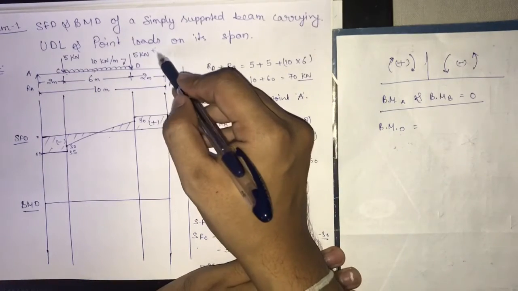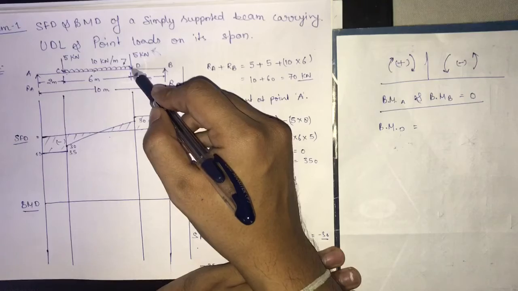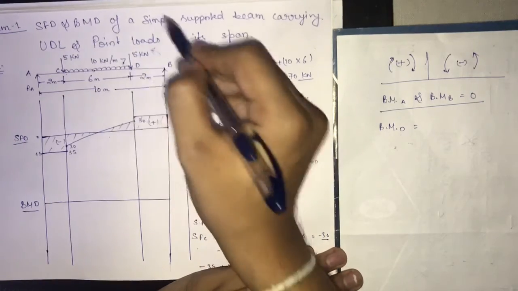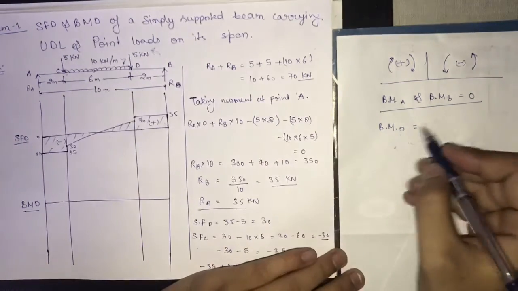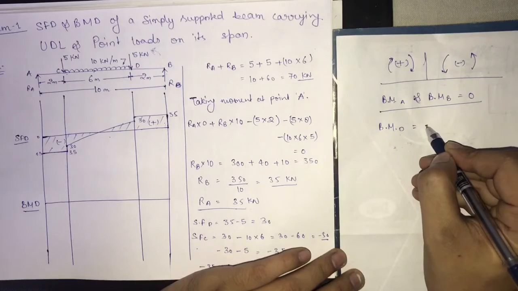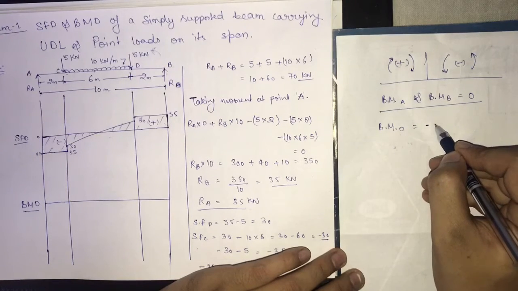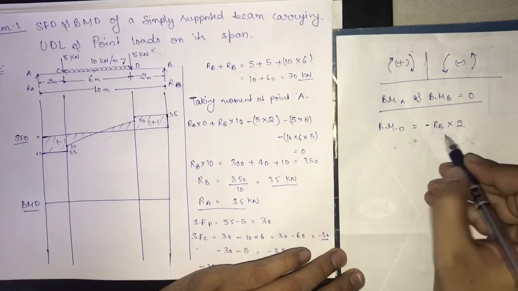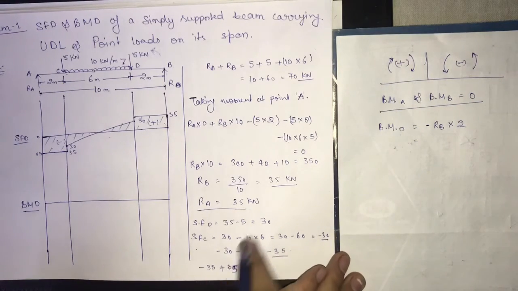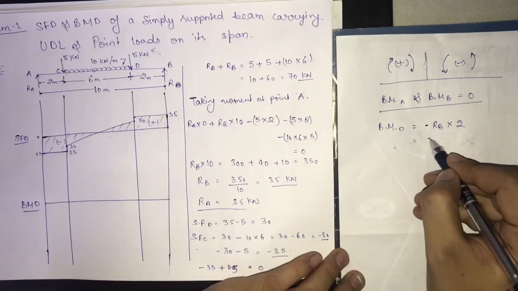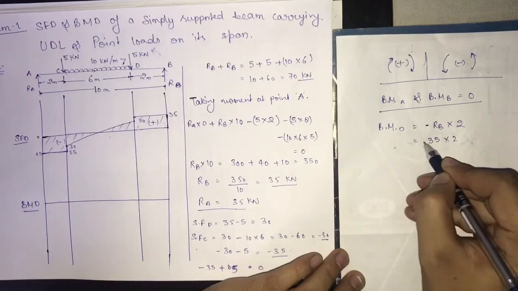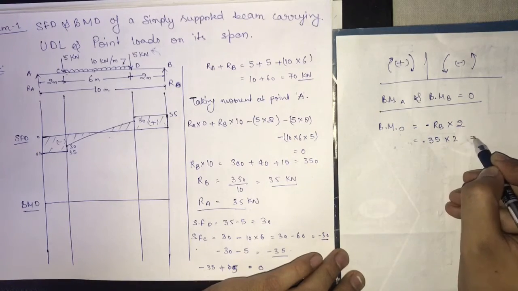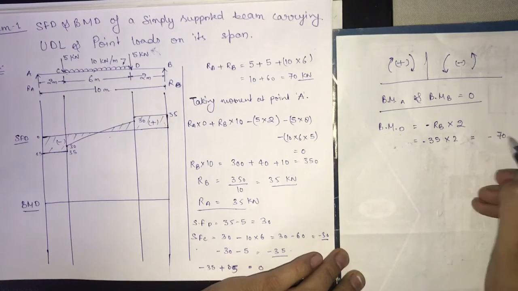RB is trying to rotate this point in the anti-clockwise direction, so we will take this load as negative. So minus RB into 2. The value of RB we have is 35, so minus 35 into 2, which is minus 70 kilonewton meter.